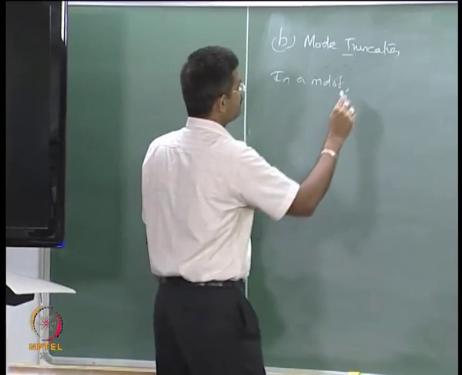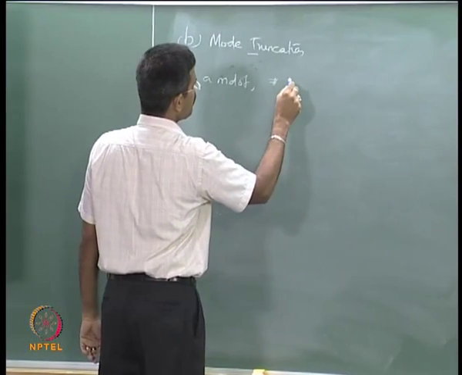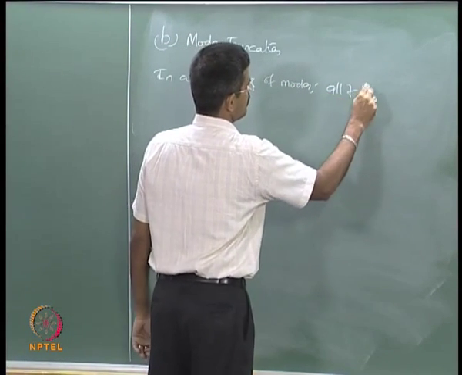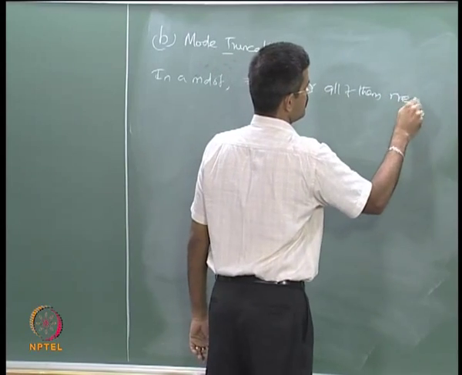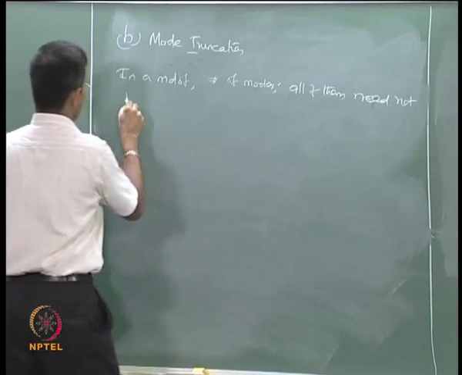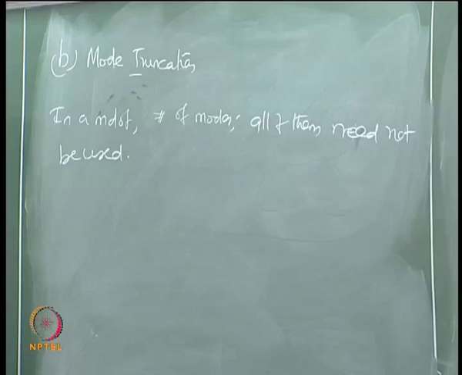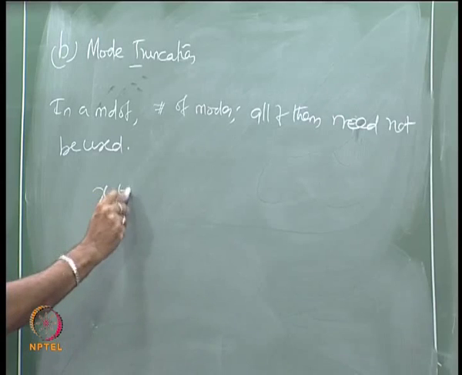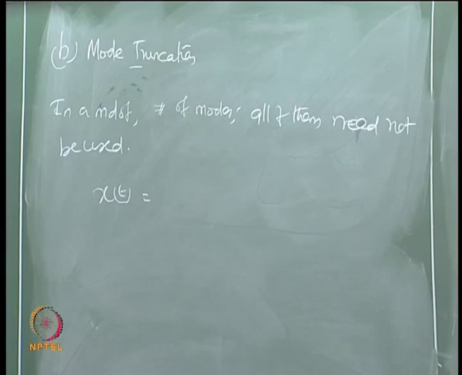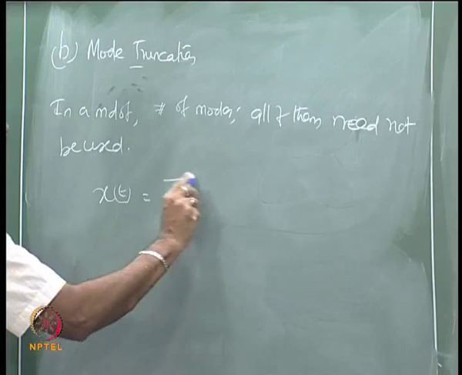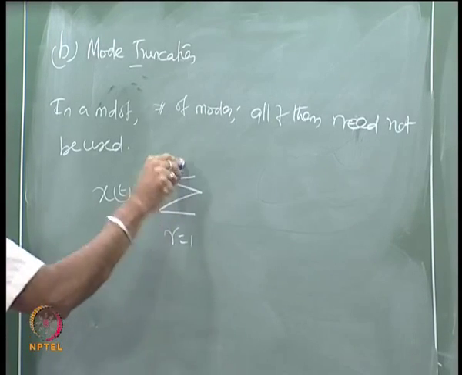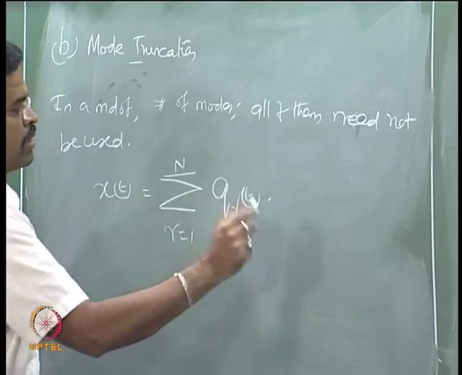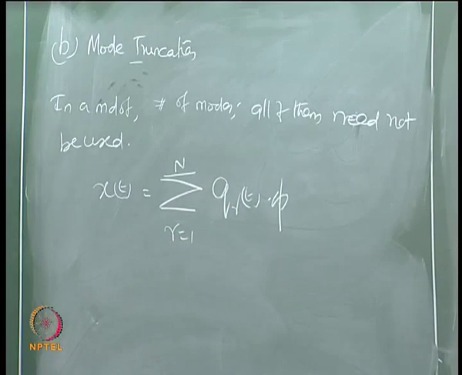So we already saw that in a multi-degree freedom system there can be many modes, and all of them need not be used. Now the question is where to use them, where do we actually need them. If you look at the response we wrote in equation 1 earlier, I will rewrite it. The summation runs from r equals 1 to n, of q_r(t) times phi_r.